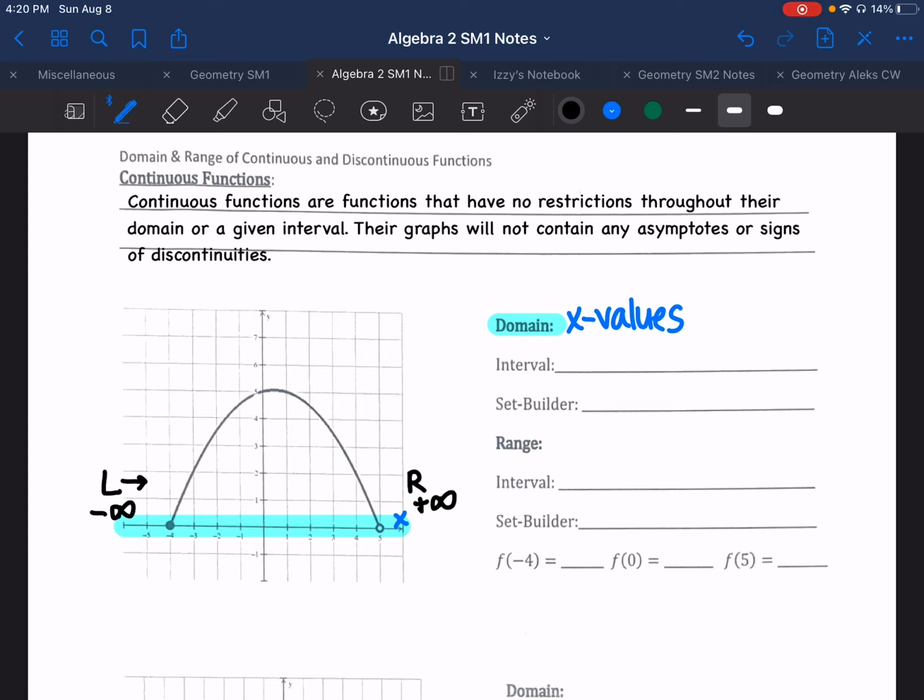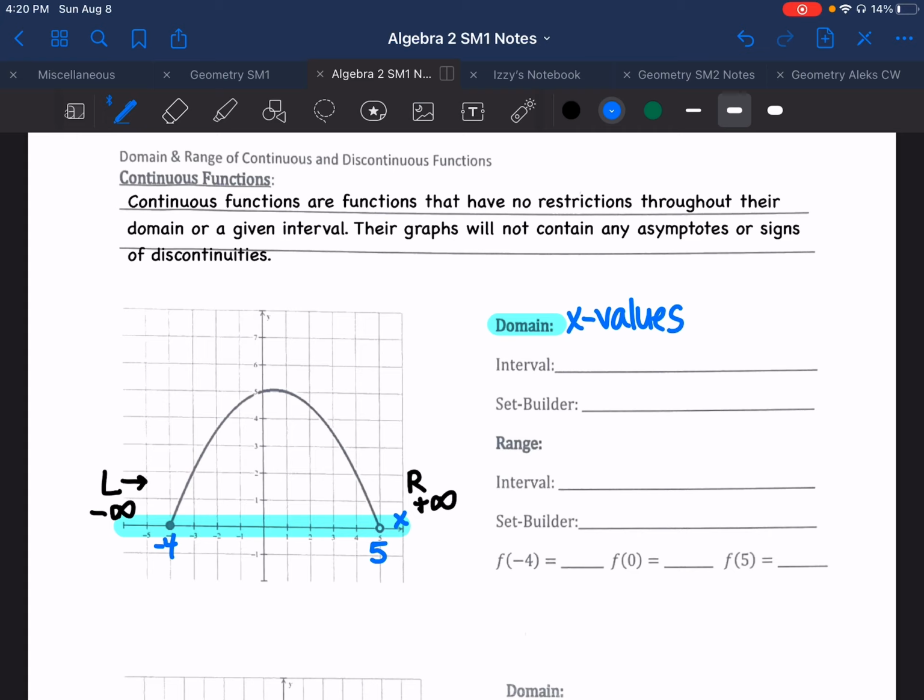All right, so as I read my graph, the first point I see is this point right here at -4. I'm going to write it a little bit bigger underneath. Then I can see that my graph goes up, it peaks, and it comes back down, and it stops right here at 5. Now I also can see that at -4, my circle is closed, and I can see very easily at +5 that my circle is open.